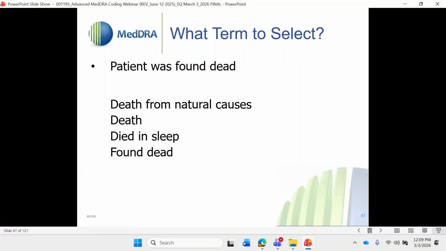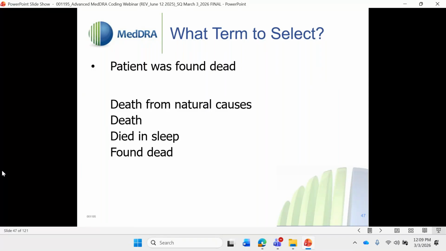Okay, how about this one? Remember I told you different things about how to approach death? Patient was found dead. Remember we said if nothing else is reported except death, then you do code death, and you code as close as possible to what's given in the verbatim string. Nowhere did it say that he died in his sleep. I don't know that.